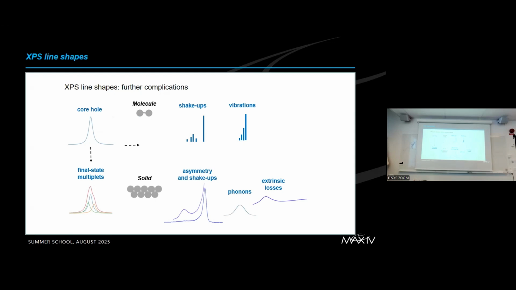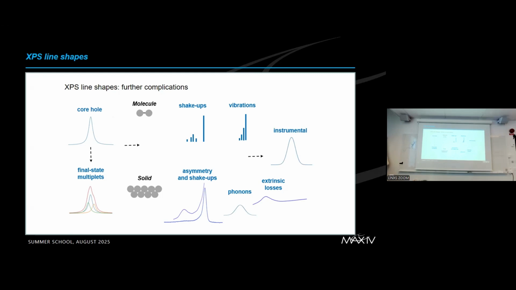And the vibrational broadening is reflected in the broadening of the lines due to the phonons. Plus, you can have extrinsic losses due to the scattering processes when electrons are scattered in the matter towards the surface. All this complicates our interpretation of the lines. Plus, on top of that, we have instrumental broadening, which can broaden all of these shapes.